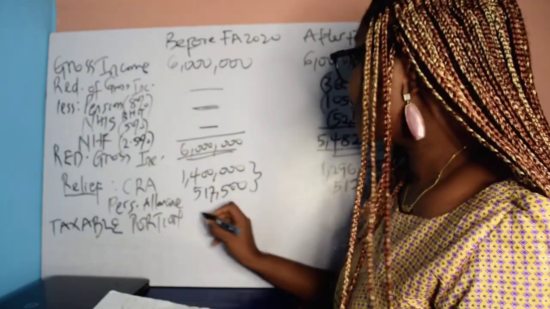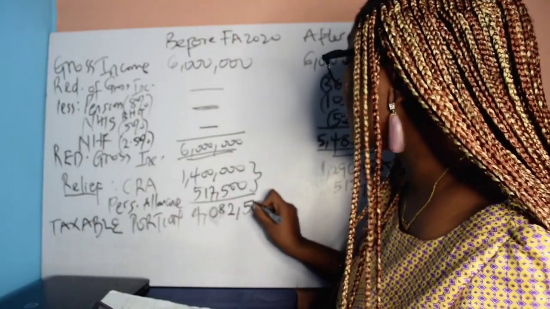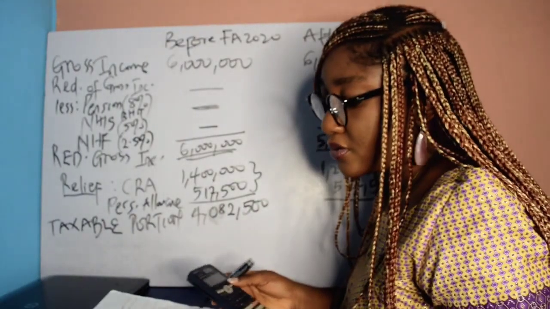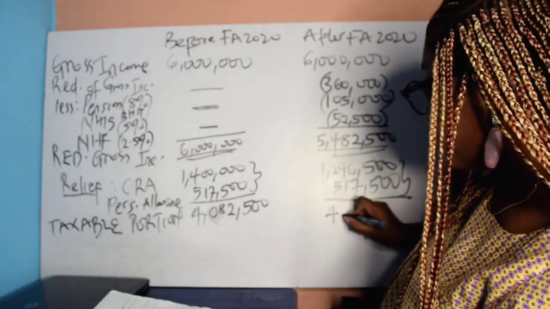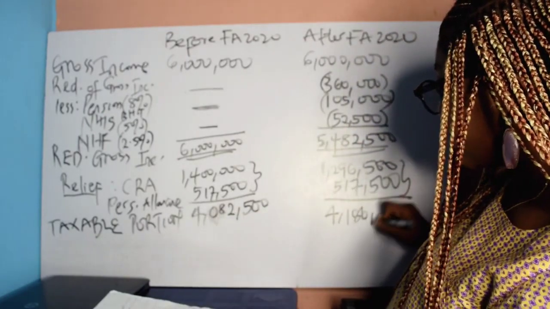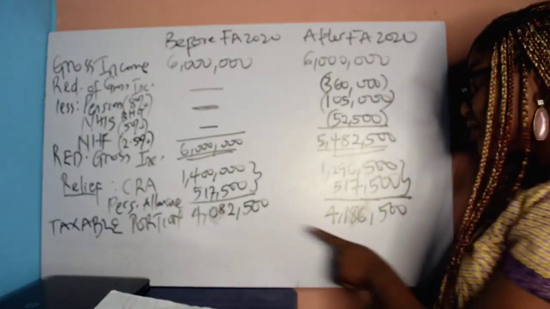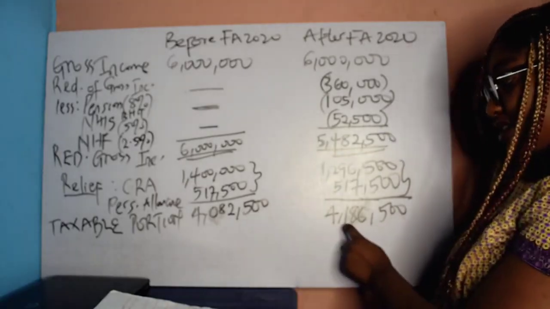That will give us 4,082,500, right? And this will give us 4,186,500. So this is 4,082,500. This is 4,186,500. So this tax base is lower than this tax base.